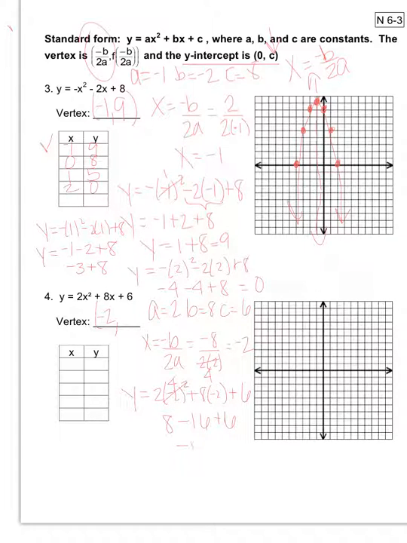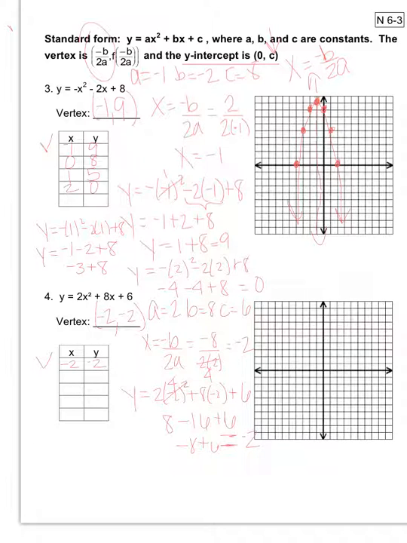So that would be negative 8 plus 6, which equals negative 2. So there's our y value. Our y value of our vertex is negative 2. So I'm going to write that in my table, negative 2, negative 2.